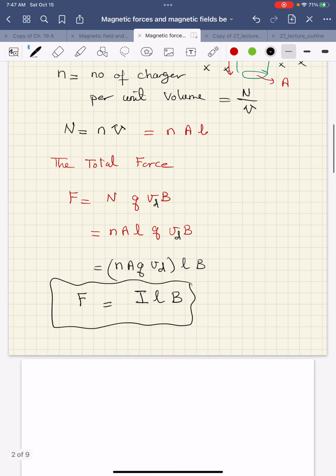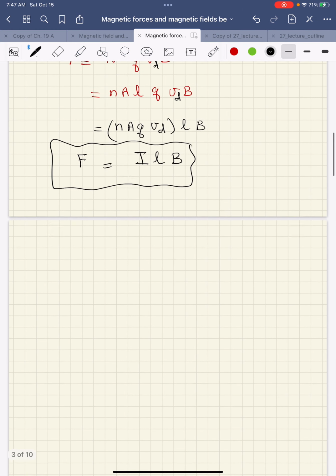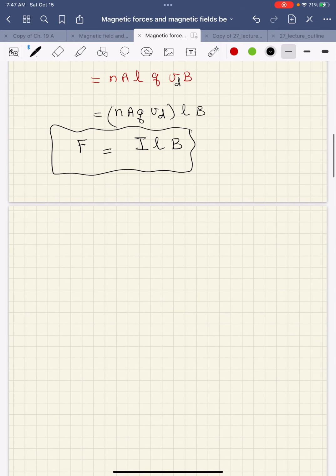One more point to mention is that the force, because it is a cross product, is always perpendicular to both the conductor and the magnetic field.